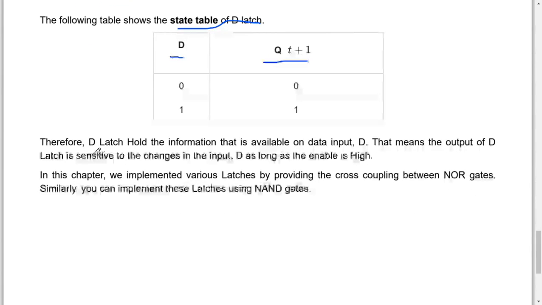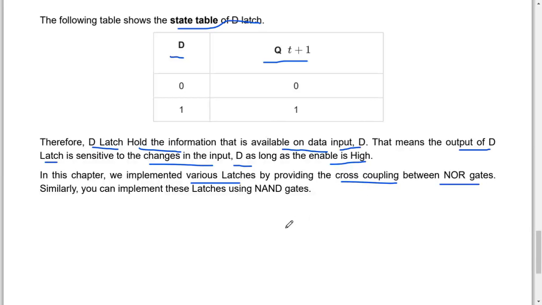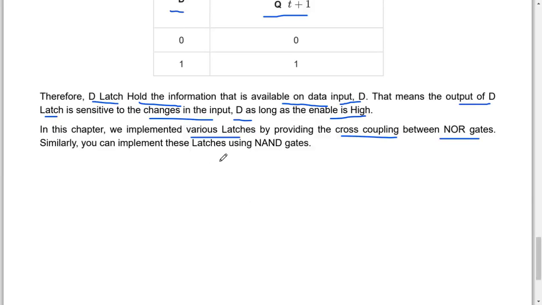Therefore, the D latch holds the information that is available on data input D. That means the output of the D latch is sensitive to the changes in the input D as long as the enable is high. In this chapter, we implemented various latches by providing the cross coupling between NOR gates. Similarly, you can implement these latches using NAND gates.